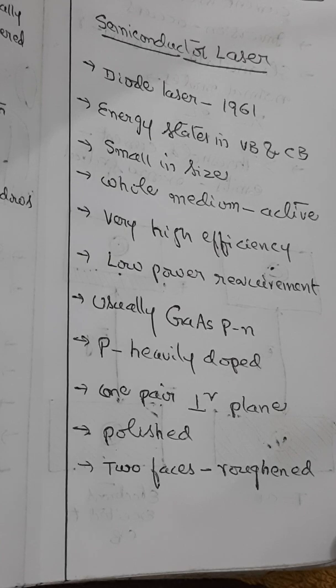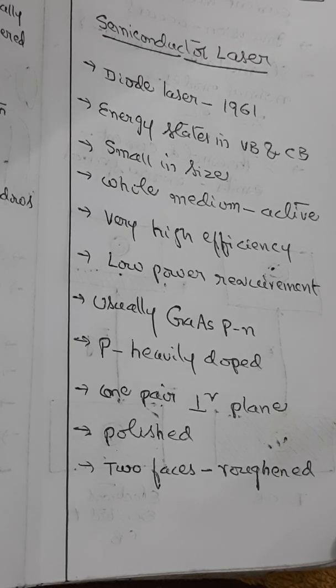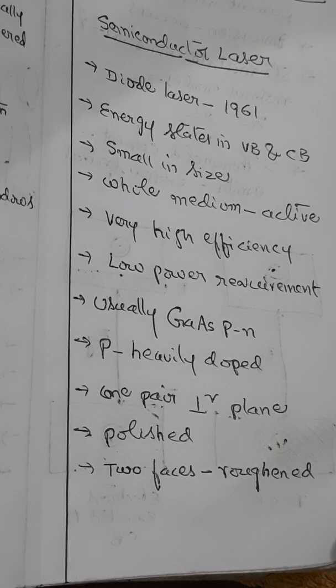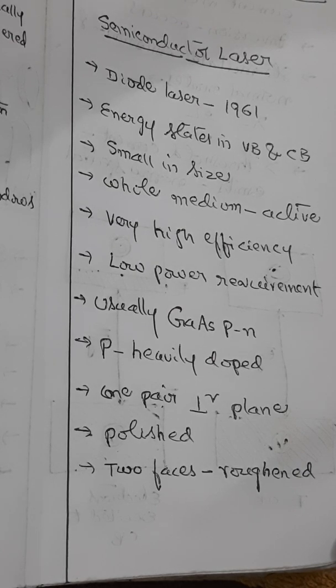For example, in a gas laser only 1% of the working substance is active, whereas in diode lasers the whole of the active medium is active. So that will naturally increase the efficiency, and therefore the efficiency becomes very high. Moreover, these diode lasers require very low operating power.